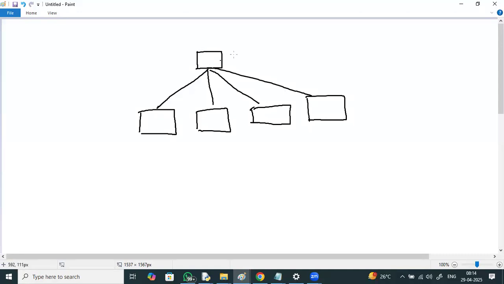This master node, we say driver node. Master node or driver node. Understand here?